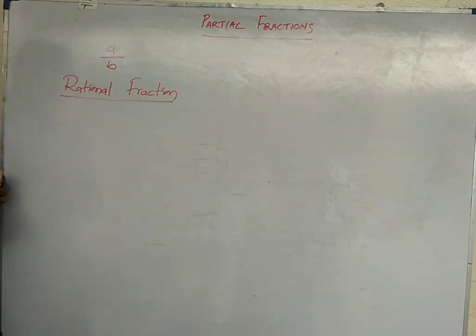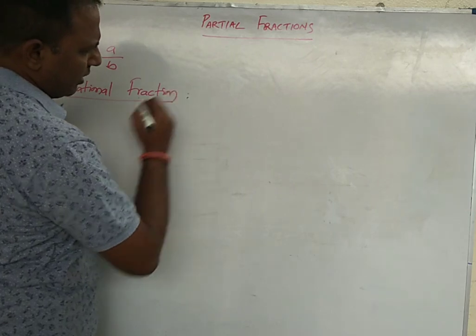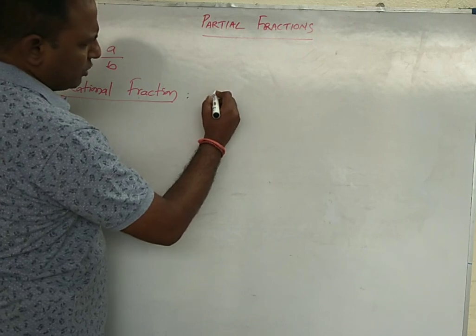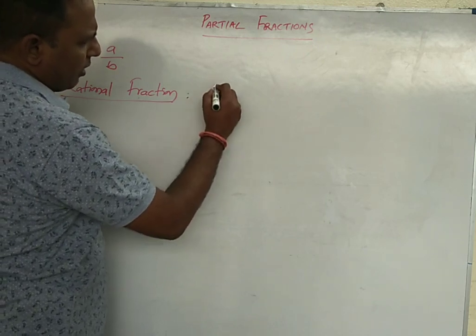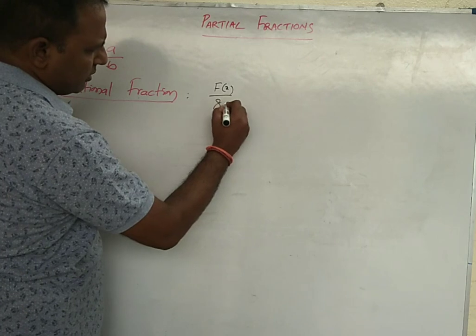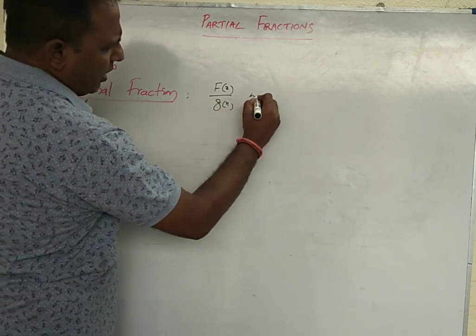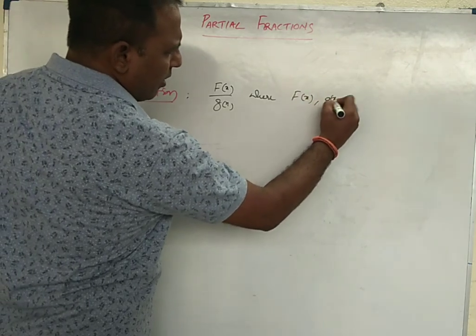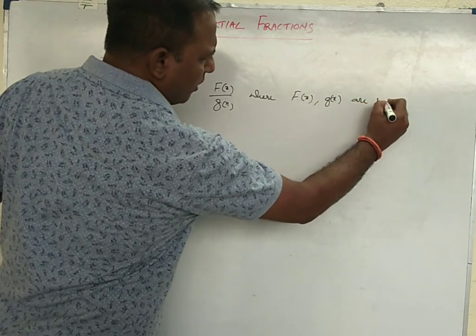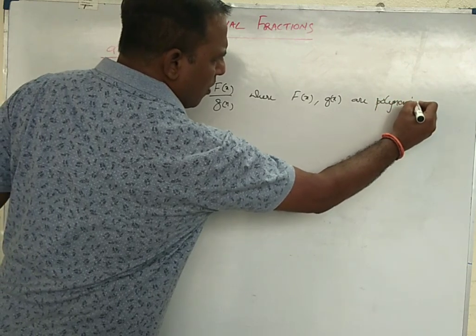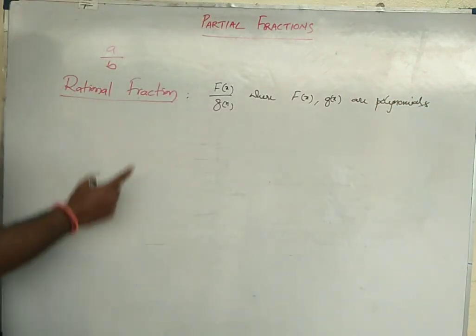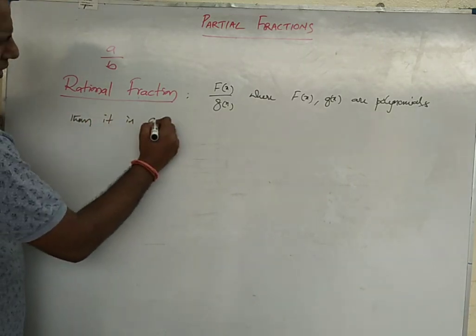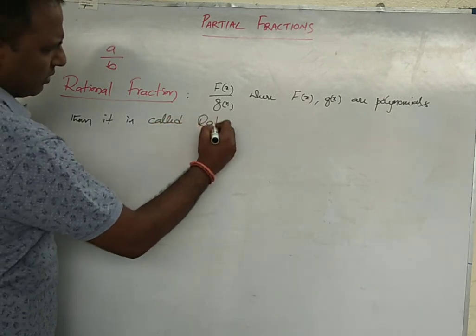If f of x and g of x are any two polynomials, then f of x by g of x, where f of x and g of x are polynomials, is called a rational fraction.